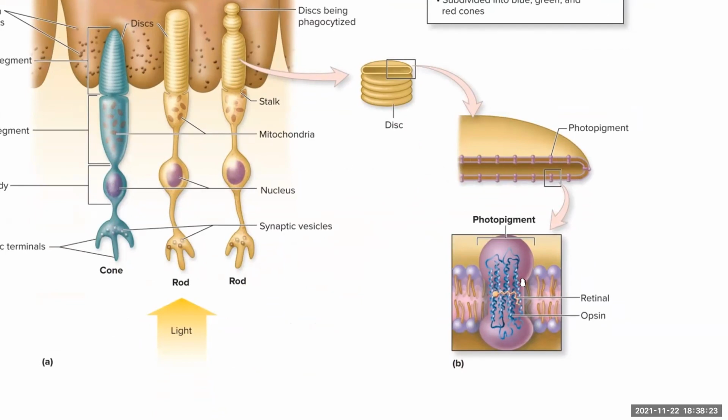The photopigment is made up of an opsin protein and then retinol, which is the structural component that helps with our vision. Retinol comes from vitamin A. That's why when I was growing up, my mom would say, always eat your carrots because they'll help with your vision. What she didn't know is that, yes, that's true, but it's specifically the vitamin A in those carrots, because it's in high amounts, that will help my vision.